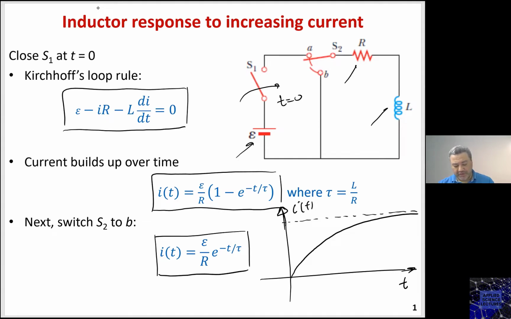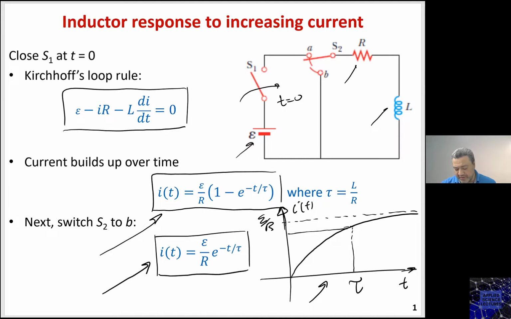What we need to know here is that this is the function for the inductor when the inductor is discharging the energy, and this is the function for the current also for the inductor when the current is increasing, and at that moment the inductor is storing the energy. And this is the response for the increasing current in an inductor, where the maximum value here is epsilon divided by R, and at tau, the tau happens before I reach the final point.